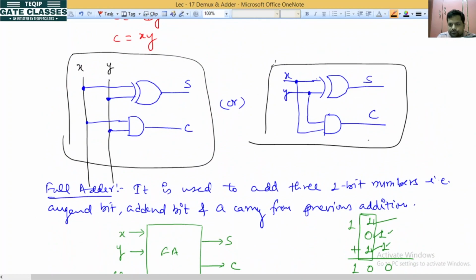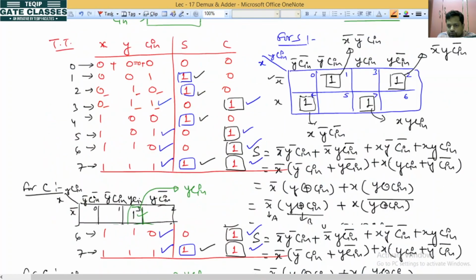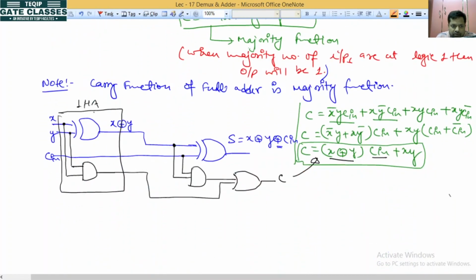See here, this is the circuit of half adder. So we have one XOR and one AND gate. Here also we have one XOR and one AND gate, and both are connected in similar fashion. Okay na? Now if you see here, you can see one half adder here also, one XOR, one AND.